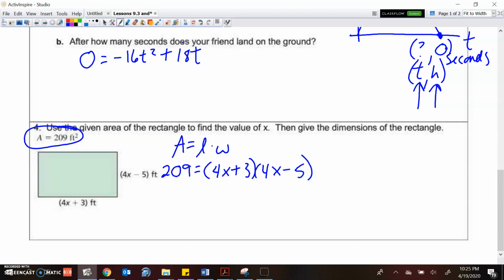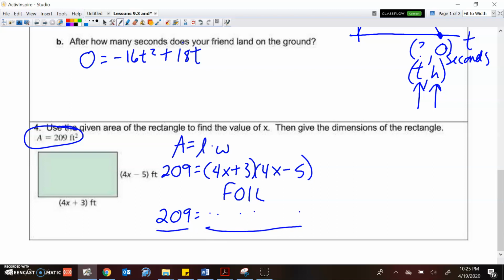Now to solve this, just like we did in some of our practice ones from chapter 7, you have to FOIL this out first. Then you're going to have 209 equals a quadratic. You can't solve a quadratic when you have some stuff on this side and some stuff on that side.